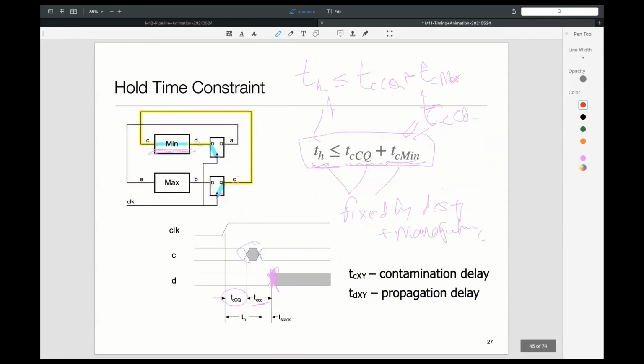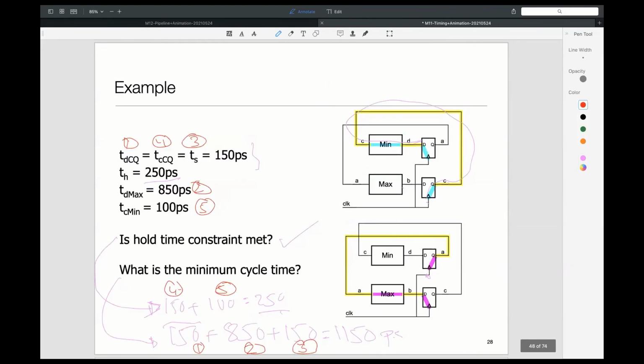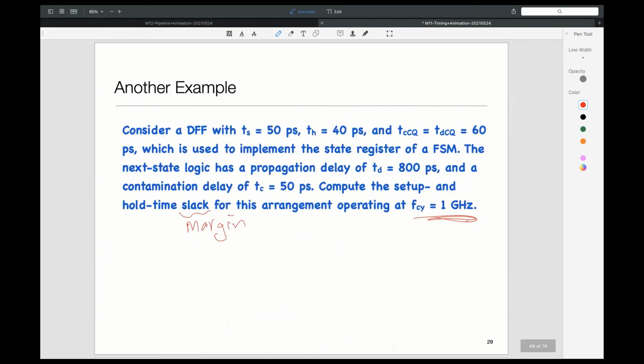Where did I have? Yeah, we had it 1150, right? We had said that it is 150 because of the flip-flop delay, 850 because of the TD max, and then another 150 because of the setup time, and all of that added up to 1150.